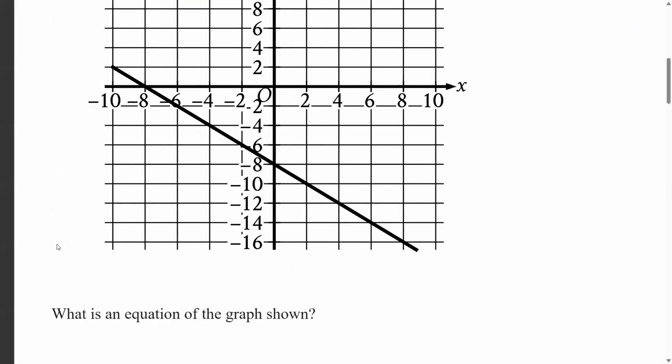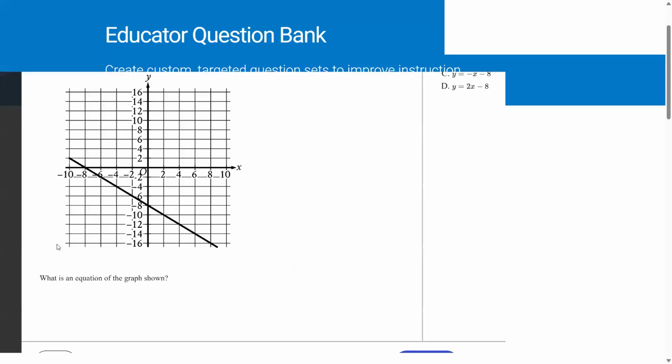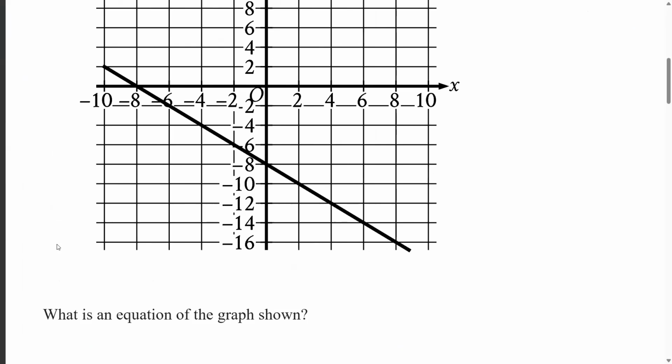What is an equation of the graph shown? Let's get the equation for the graph. Let's take 2 points to get the slope: (0, -8) and (-4, -4).